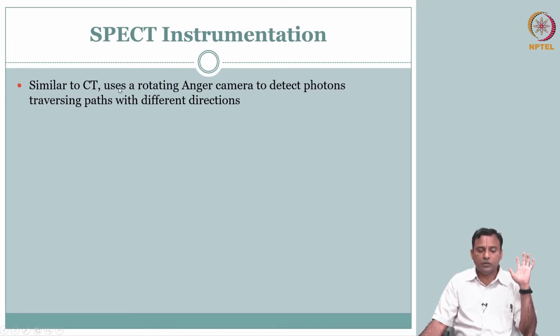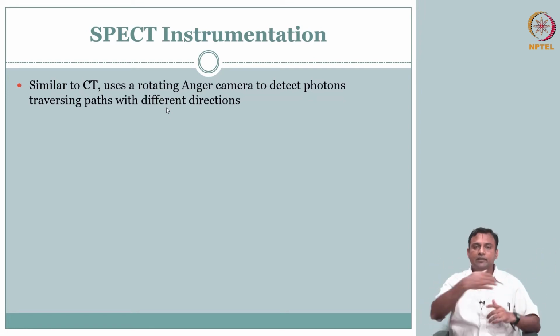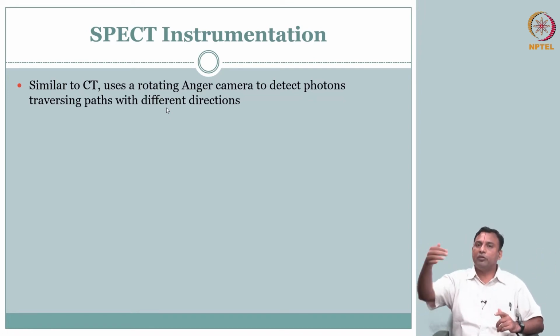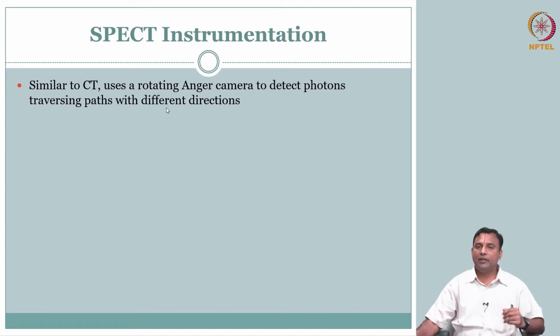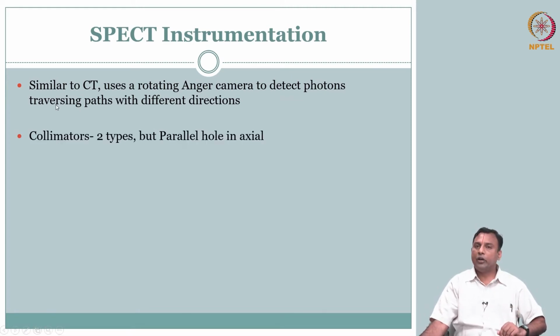We did similar to CT. Here you have an Anger camera that is rotated and you get the photons, gamma photons in this case. We get them from different paths because the radioactivity is sending in different directions. You move the Anger camera, get it from different locations, and then we should be able to reconstruct it. Here, because of the way it is done, you have your collimators.